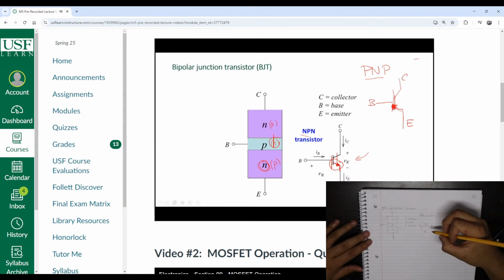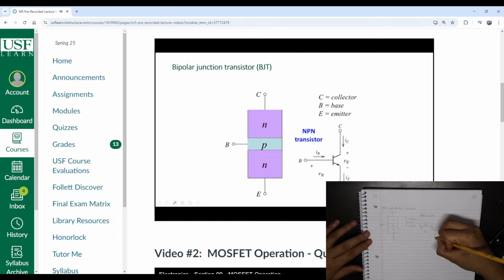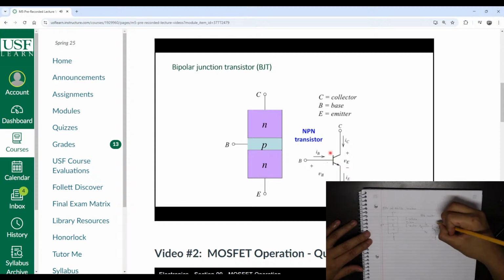So what we've done in this slide, we discussed the physical structure, if you will. We introduced the names for the 3 regions of the NPN. We introduced the circuit symbol for the NPN, and we said what the difference is between the NPN and the PNP.